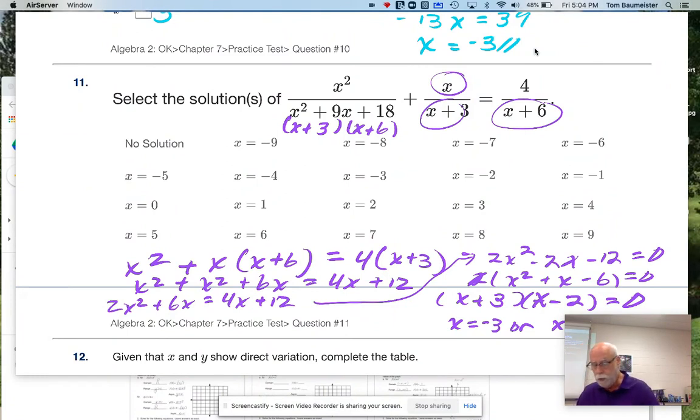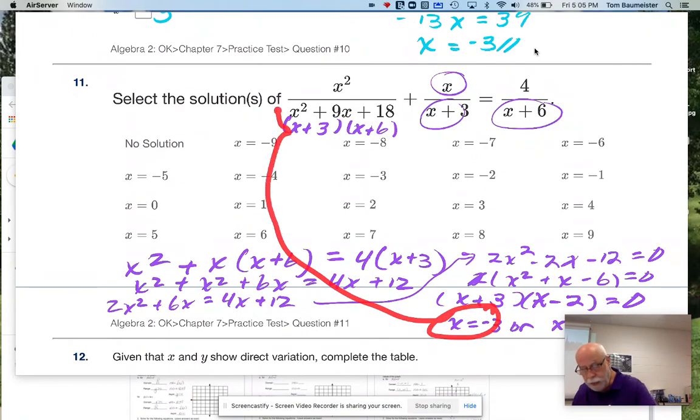Now again, what you have to do is you have to plug these in to see if there is an extraneous solution. Well, let's look at this one here. It's x is equal to negative 3. If I plug that into here, or even here, what's going to happen? Negative 3 plus 3 is going to equal 0. You know you can't have division by 0. This one here is extraneous.